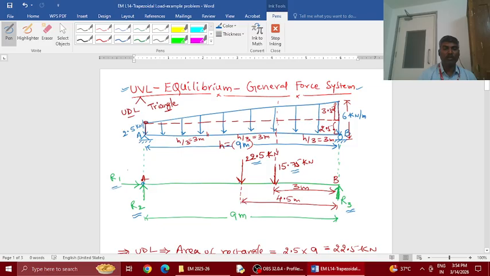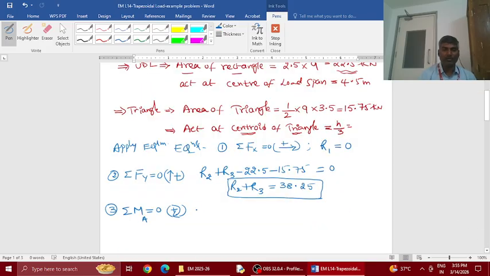So 22.5 into this distance you see here, which is 4.5. This is the moment center and the perpendicular distance. And this is trying to rotate this member in the clockwise direction. So 22.5 into 4.5, clockwise positive.